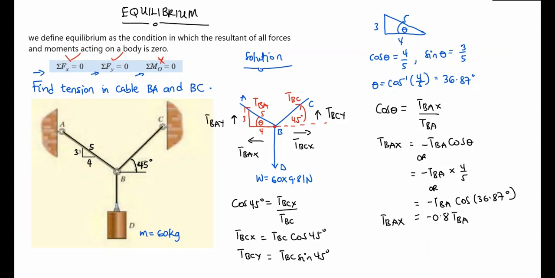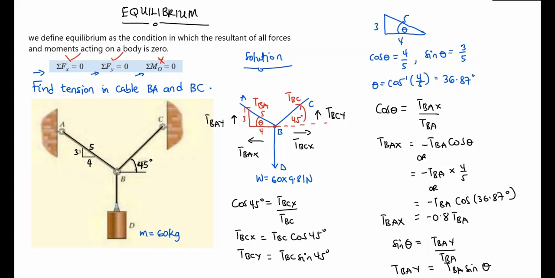So let's find for the y. For the y also, you're going to have sine of theta, because that is the opposite. So that will be TBAY over the hypotenuse, which will be TBA. So you're going to have TBAY equal to TBA sine of theta.